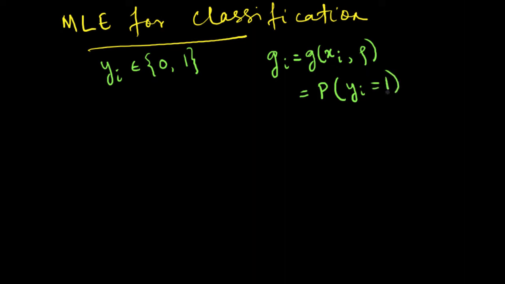Okay, so now in this machine learning problem, we are going to predict for a given input whether the output should be 1 or 0, but instead of saying definitely that it is 1 or definitely 0, we are going to make a probability estimate. That is what our gi represents. So this gi could be a logistic regression, could be SVM, could be even artificial neural networks or whatever.